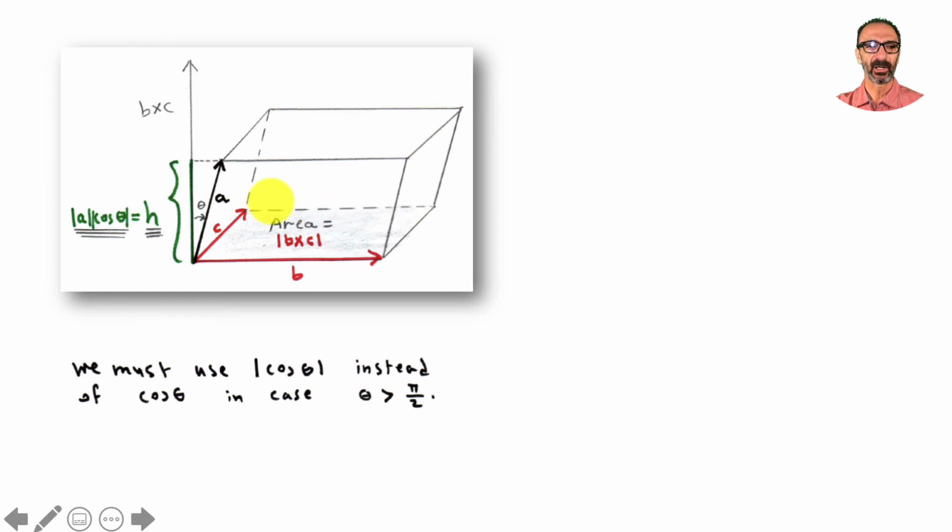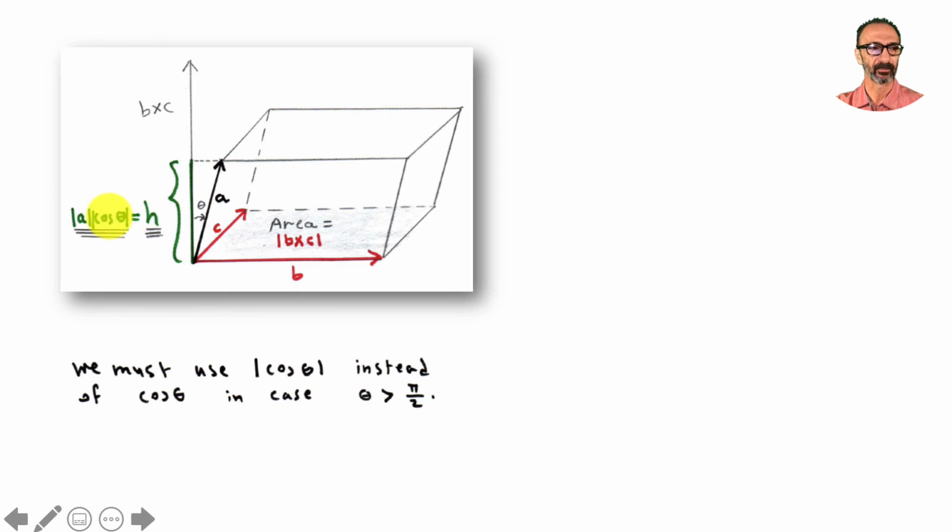Now, if you want the volume of this, you don't go times A, you go times the height. But the height, looking at this right triangle, this is a right angle, is the projection of this vector onto the z-axis. And if you look at it sideways, this is the adjacent of angle theta, which means cosine theta.